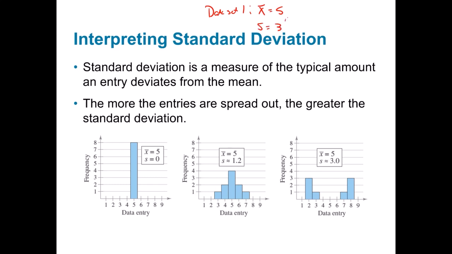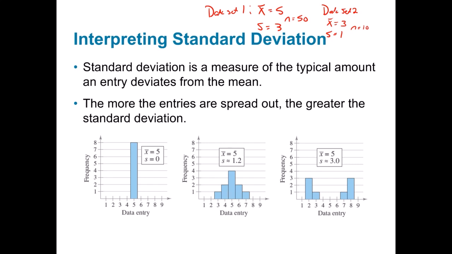And let's say that one had 50 values in it. And data set 2 had a mean of 3 and a standard deviation of 1. And that data set had 10 values in it. Would it be fair for me to say that data set 2 is less spread out than data set 1?